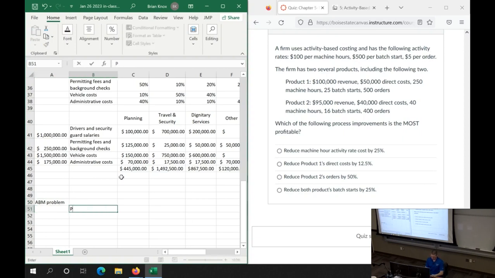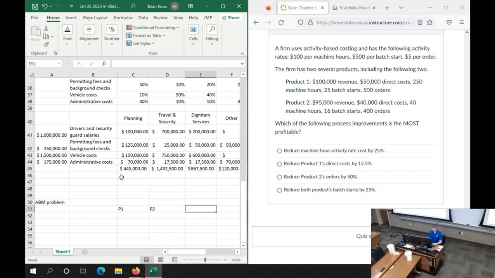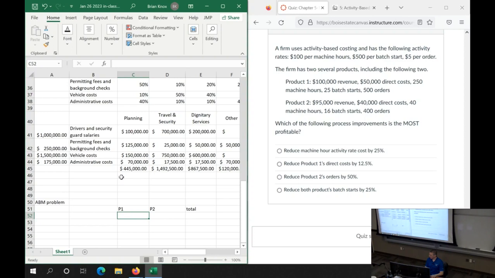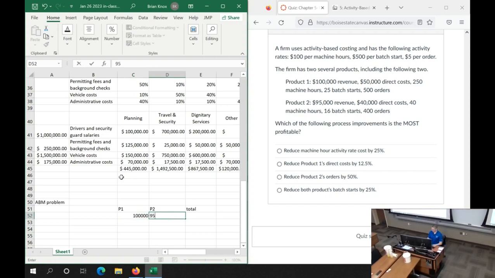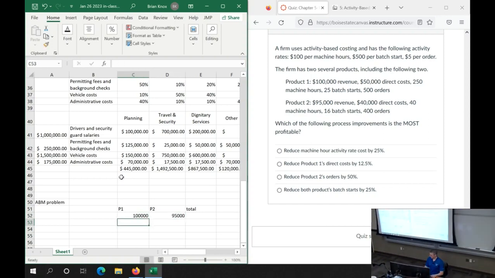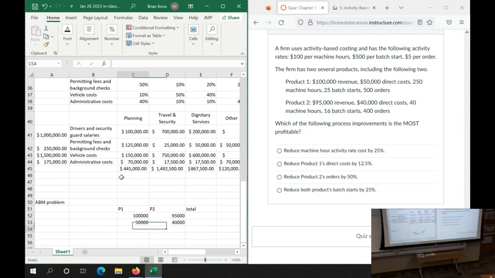And we have P1, I'll move it over here, P2, total column, product one, $100,000 in revenue, product two, $95,000, product one, $50,000 in direct costs, product two, $40,000 in direct costs, and then their consumption: 250 machine hours, 40 machine hours, 25 batch starts for product one, 16 batch starts for product two, 500 orders for product one, 400 orders for product two.